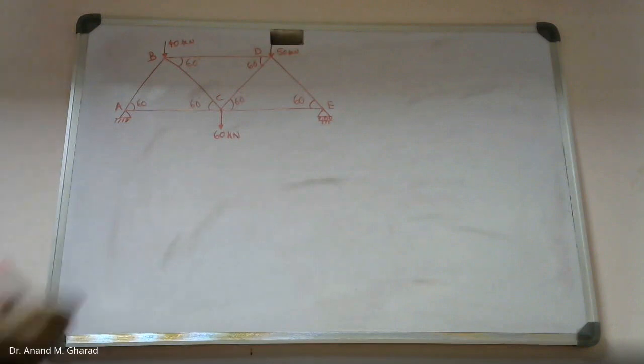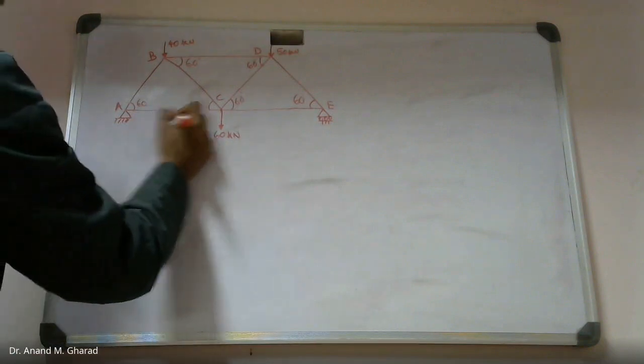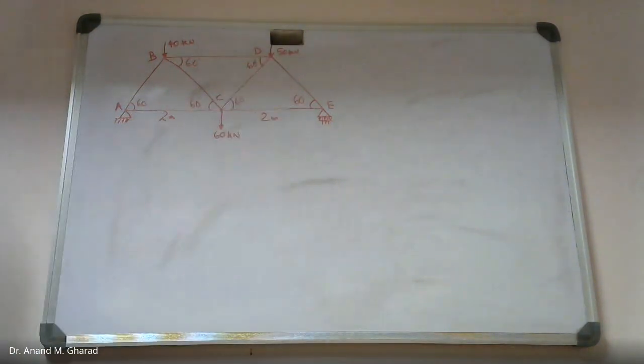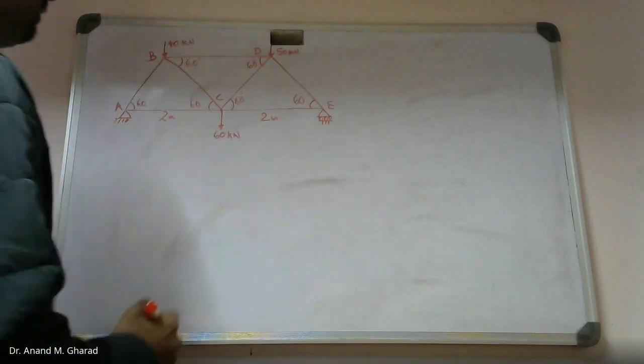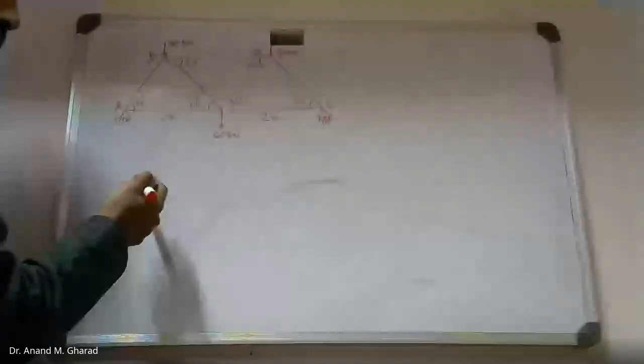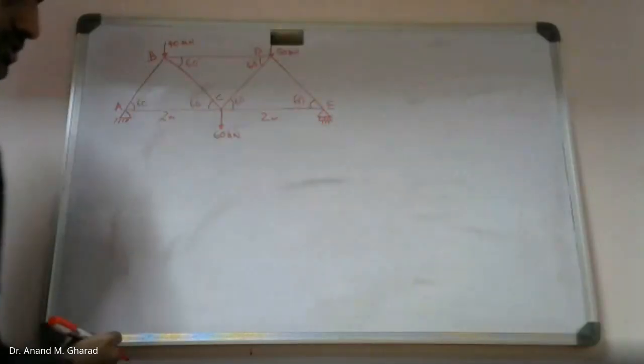This is 2 meter distance, 2 meter. You are supposed to analyze this truss. Analysis का मतलब है you are supposed to identify the unknown values. How many unknowns? So in this case, as per our discussion, we know that the member forces are the ones which are unknown, in addition to the reaction forces.